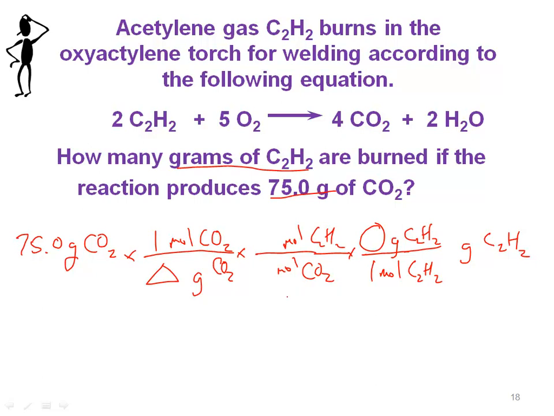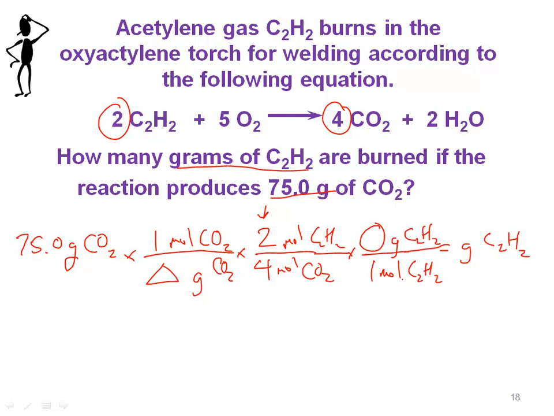Now, the one ratio we can get without too much problem is the mole ratio right here. What goes in front of the CO2 now? 4. 4 goes in front. C2H2, there's a 2. There's your 2. And then all we need is the molar mass of CO2 and C2H2 to get our final answer.